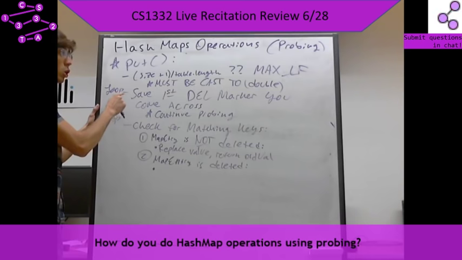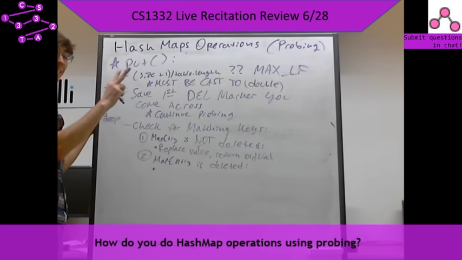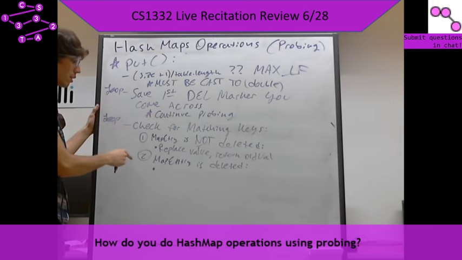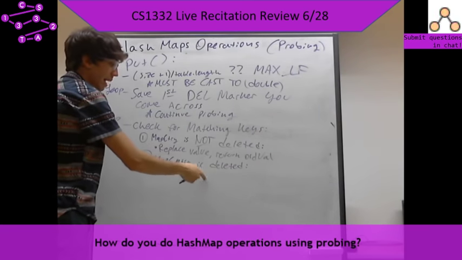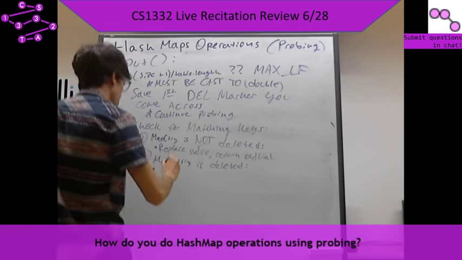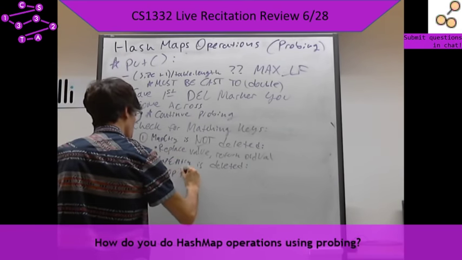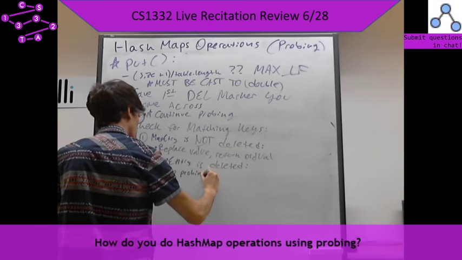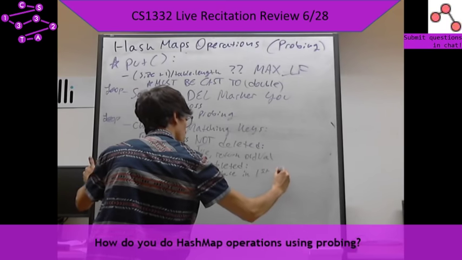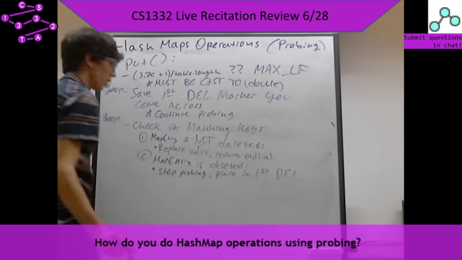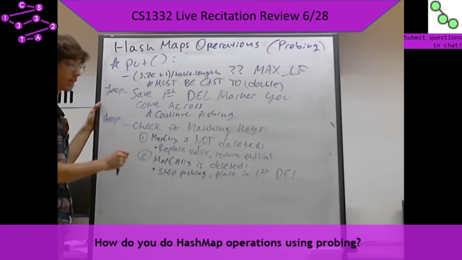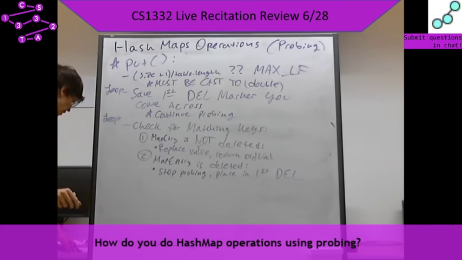Because this will be closer to the ideal index that you were trying to get to, rather than this map entry that has a matching key that's deleted, which could be very, very far away, right? So in this case, we're going to stop probing and place in the first deleted marker. It's possible that this is the first deleted marker, but it's not guaranteed, so you need to place it in there.